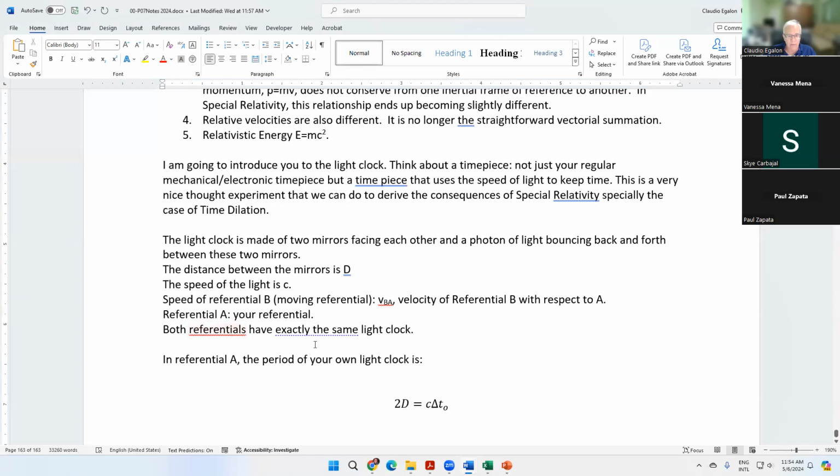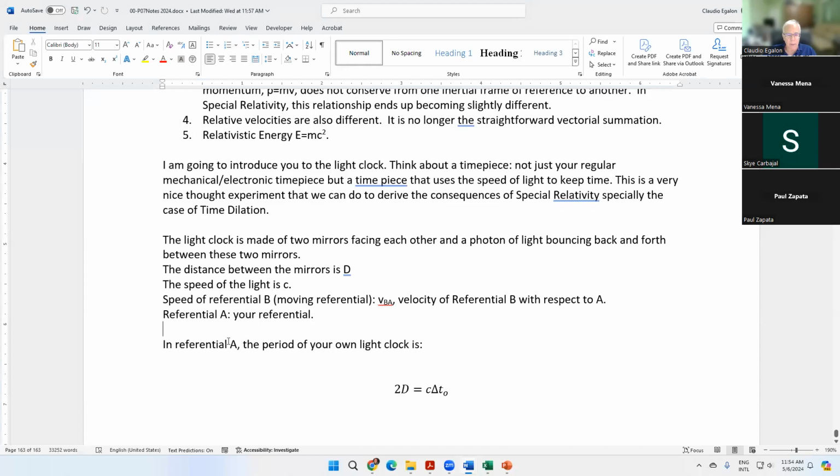Both referentials have exactly the same light clock. In referential B, the period of the light clock measured by the observer in B is, right?